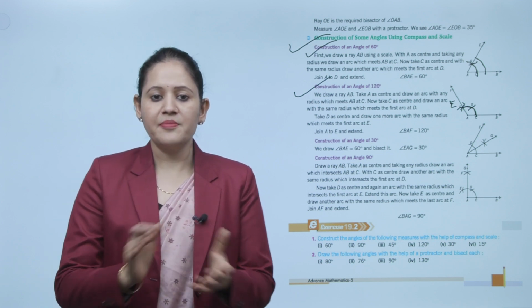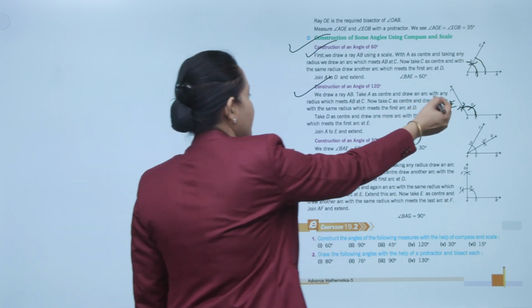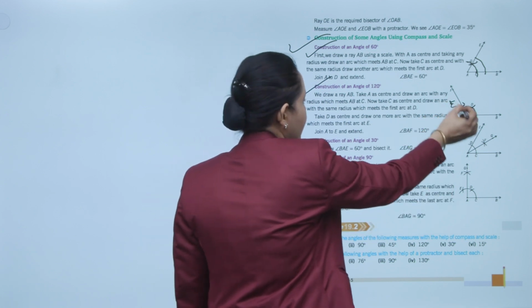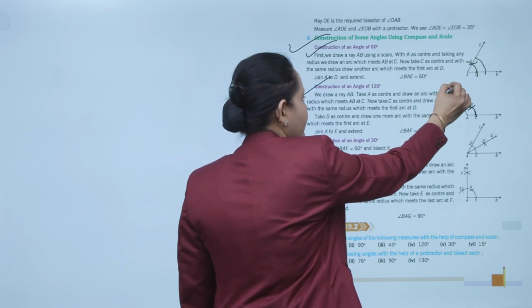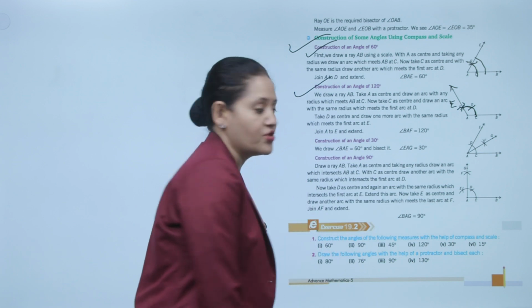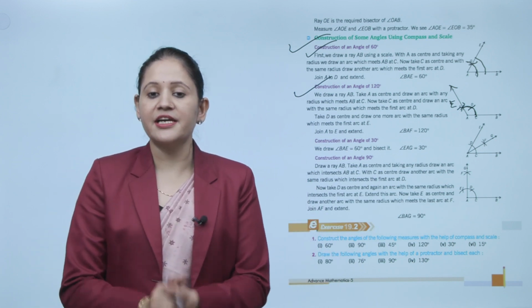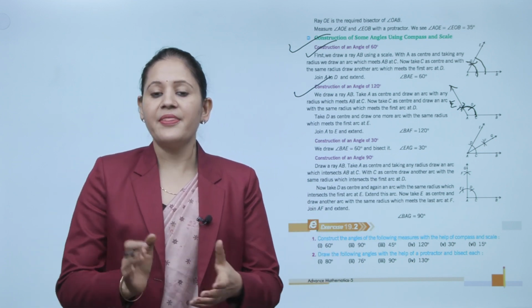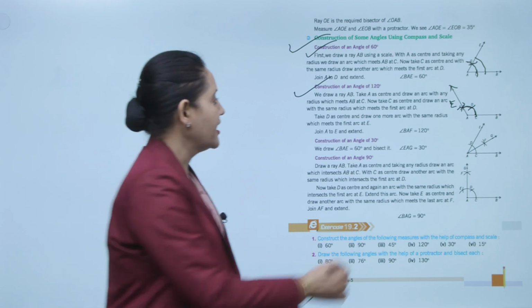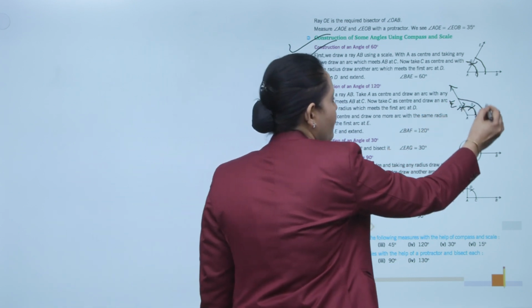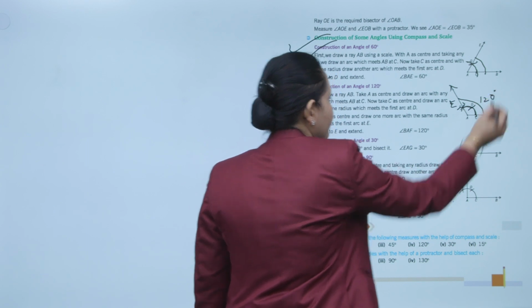Now what will we do? We get the point E, so we'll join E and A and extend it to point F. So we'll get an angle, that is angle BAF, that is 120 degree. This angle will be of 120 degree.